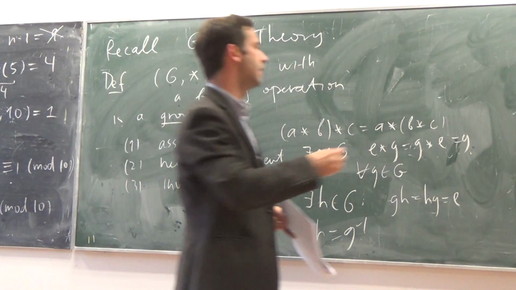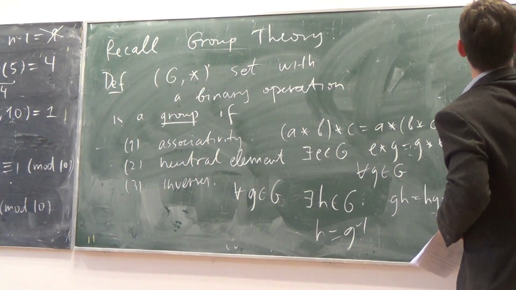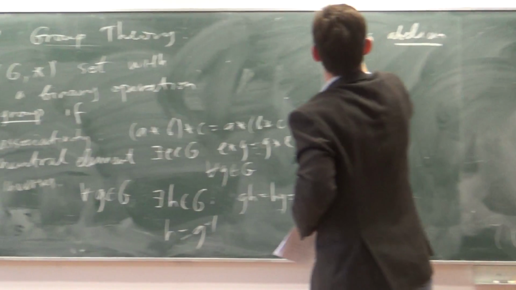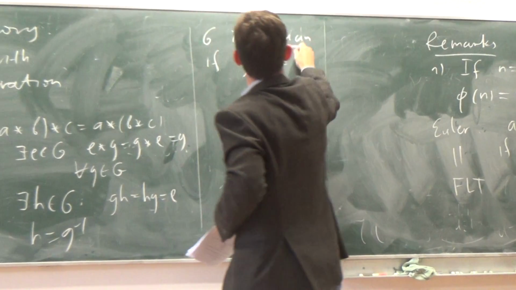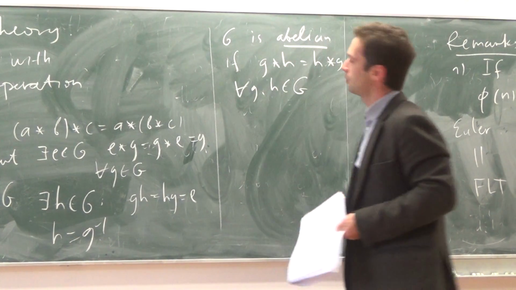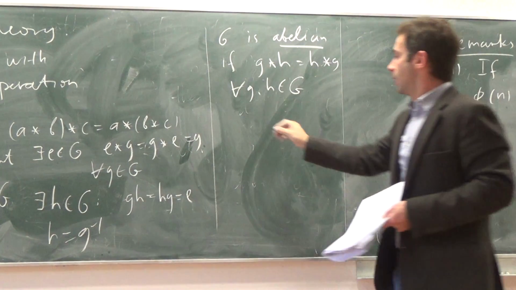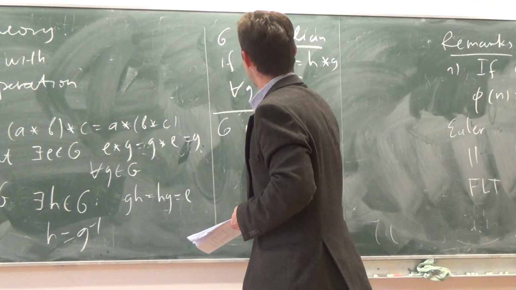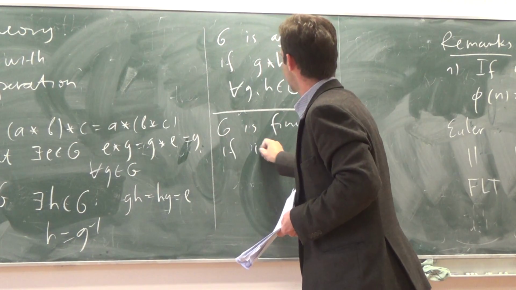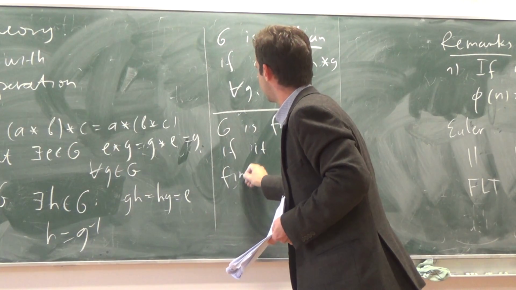Okay, some more definitions. G is abelian if G star H is H star G for all elements inside the group. And G is finite if it is finite as a set.